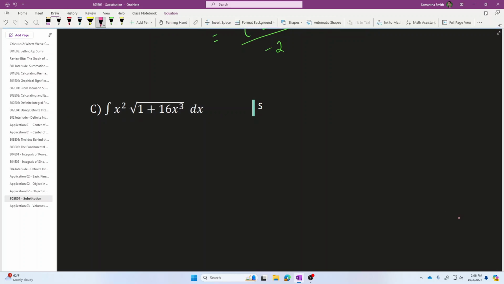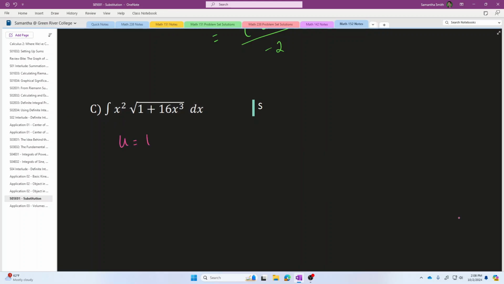So let me try to set u equal to this big complicated expression under the root. If I set u equal to this big complicated expression, then du would be equal to 3 times 16, which would be 48 x squared dx.